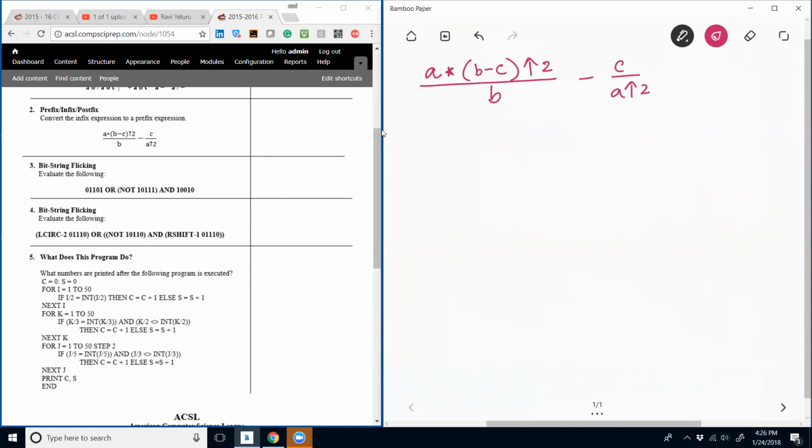What we're trying to do here is convert this normal infix expression into prefix, which means all of the symbols will come in front of the operands. So here a star, I'm going to write b minus c one more time as is, and then I wrote the entire numerator as is, but now I'm going to put a bracket there so that I can write it like this, slash b.